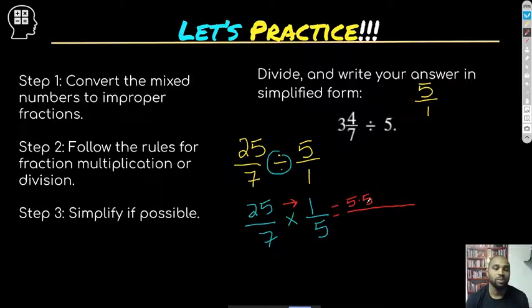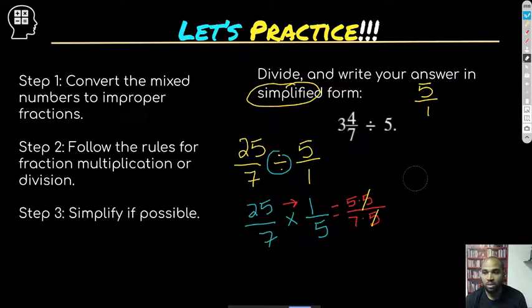I'm not going to write times 1 because it's just a 1. And then 7 times 5. And there we go. So now it's really easy for me to see what's going to cancel in order to get this into simplified form. I can cancel out 5 on top and bottom, and that's going to leave me 5 over 7.